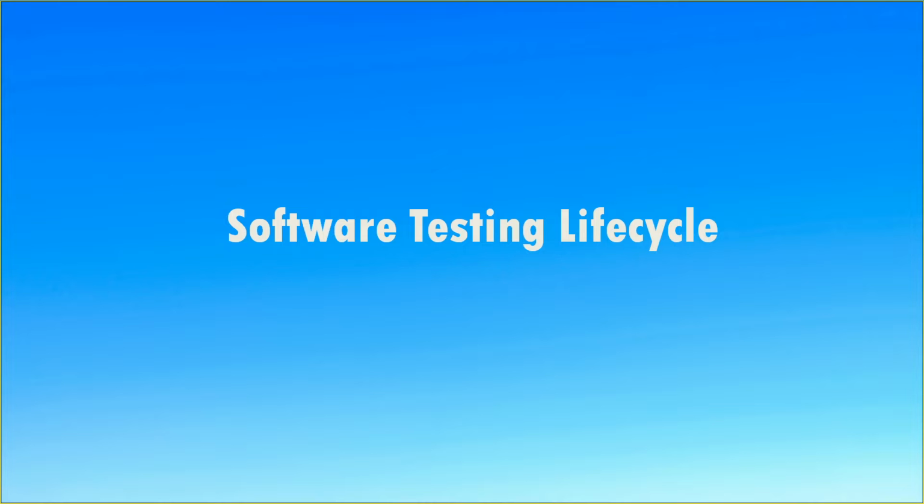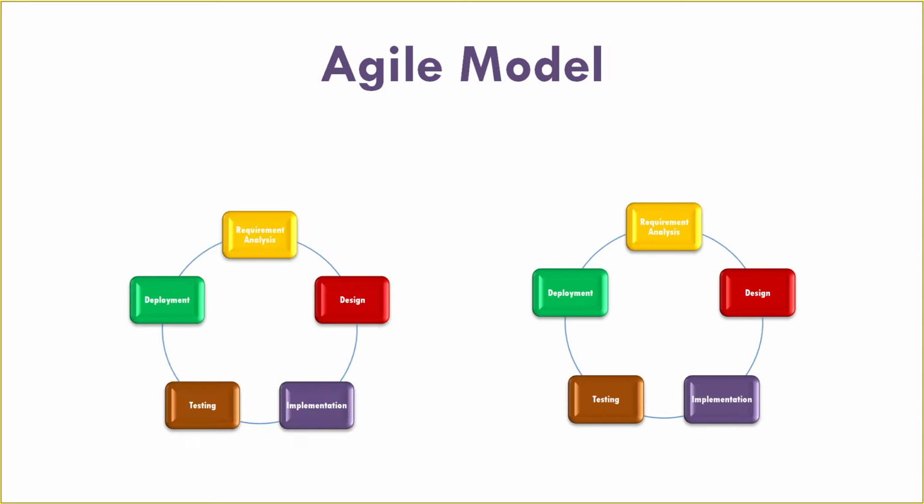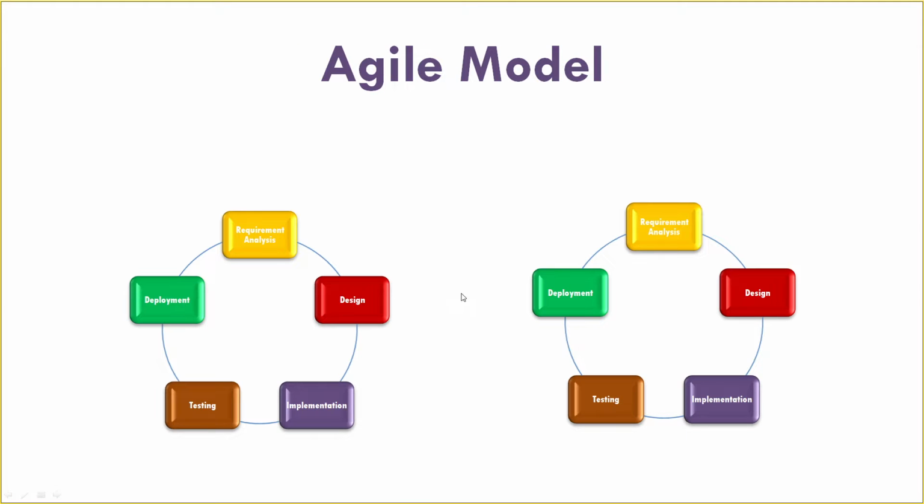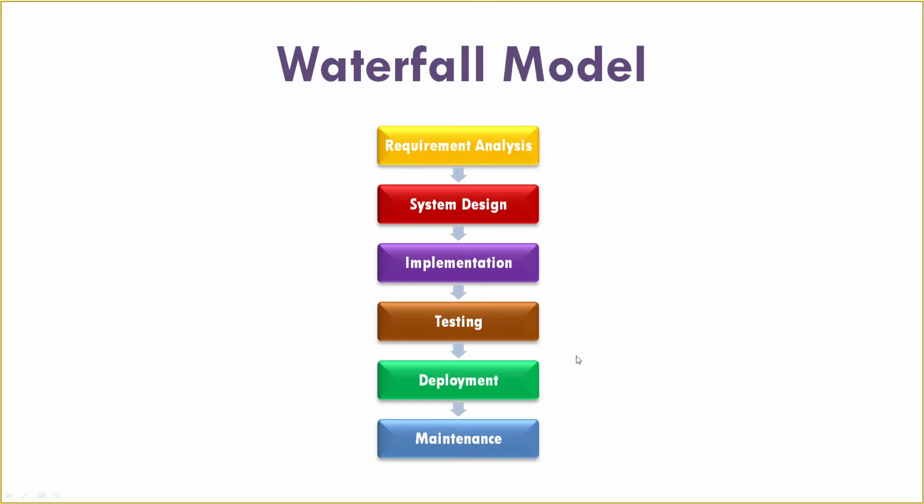Now, let's go back to the software development lifecycle. So here, the testing is after the implementation phase, right? Even in the agile models, it will be after the implementation. Now, this software development lifecycle is about the whole software product.